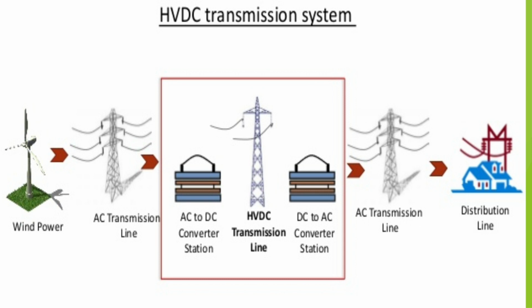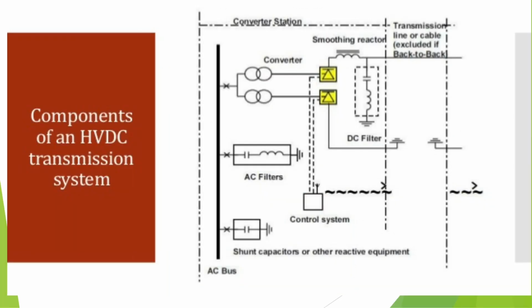And next one, here the components of HVDC transmission system are shown in the diagram. If you observe the diagram, the main components are converter station, smoothing reactor, AC filters, DC filters and shunt capacitors.